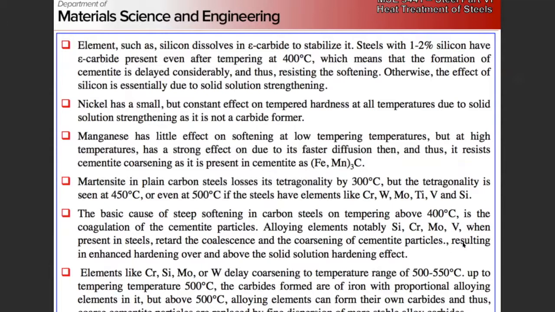So these will enhance hardening and reduce softening, greater than the effect they would have if they were just in solid solution. And then we have delayed coarsening, because these will strongly form their own carbides.